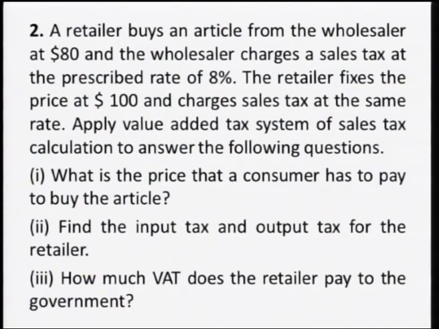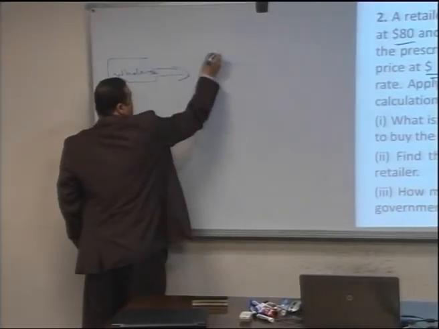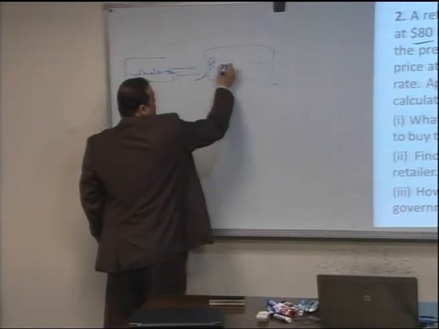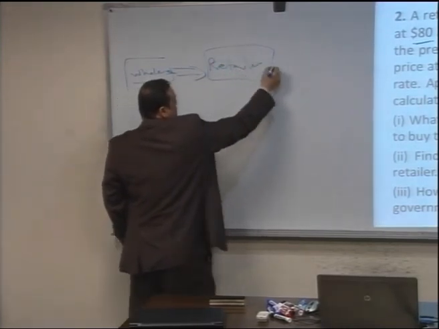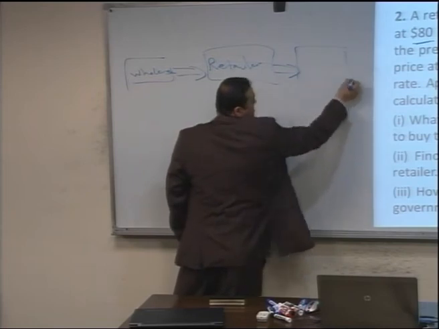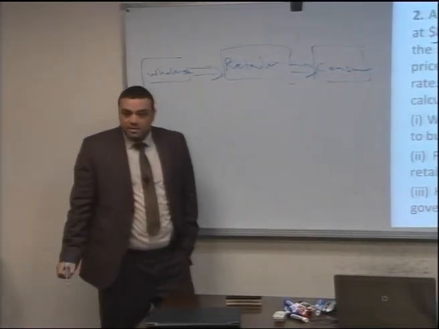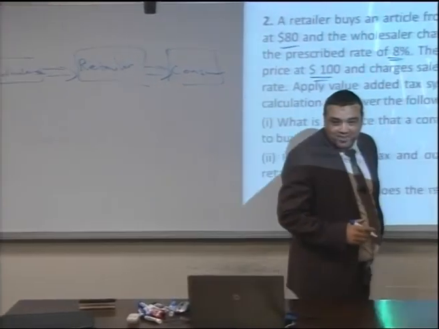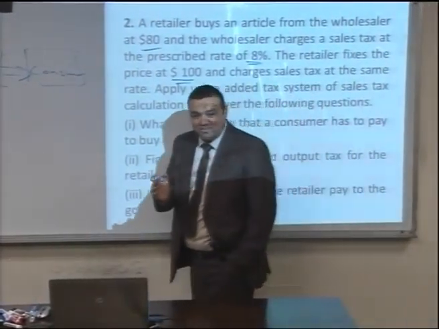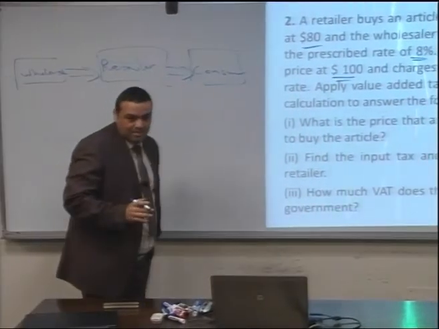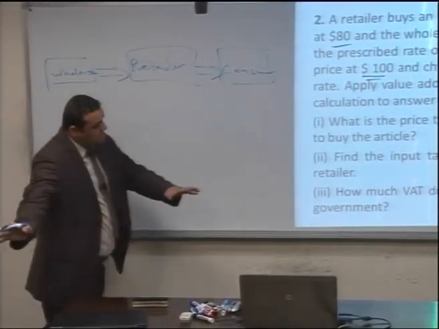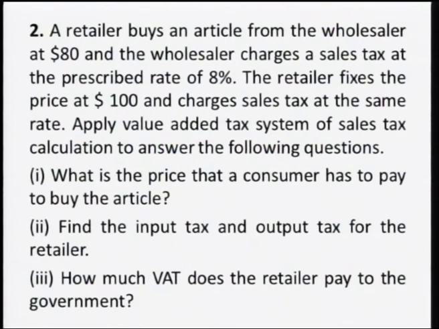We are moving in a cycle from the wholesaler to the retailer to the final consumer, and the government gets it all. Okay? The first question is what is the price that the consumer has to pay to buy the article. This is number one.